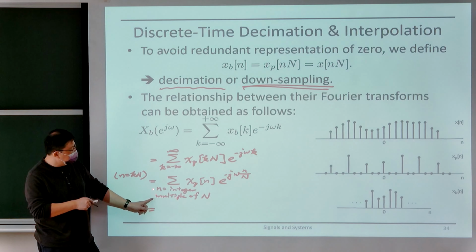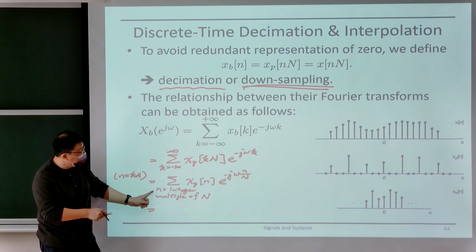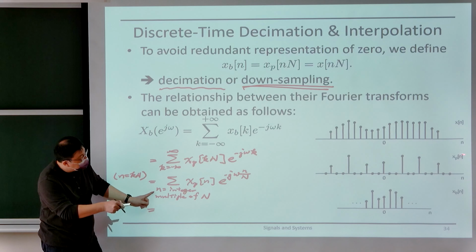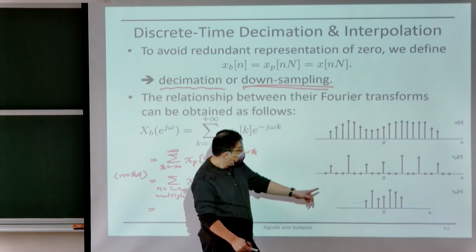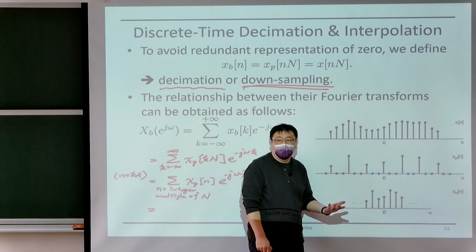But making this restriction really is not that necessary, because if you look at xp[n], xp[n] is only non-zero over integer multiples of capital N anyway, right?